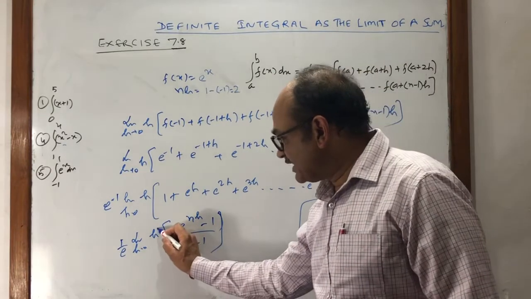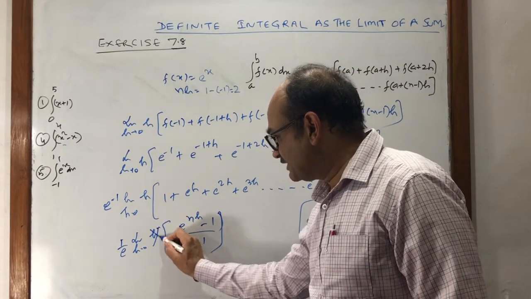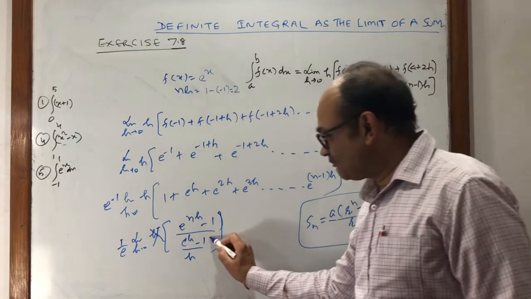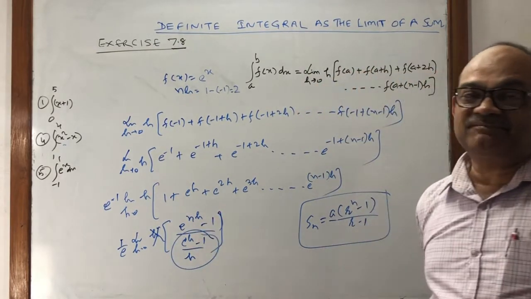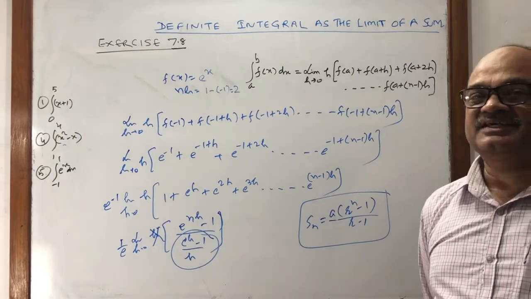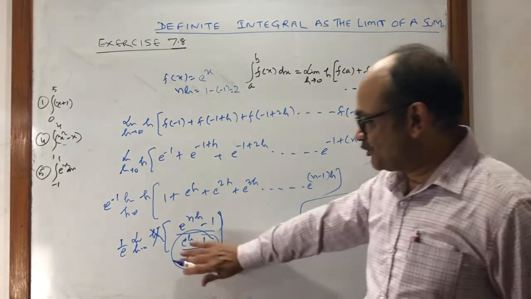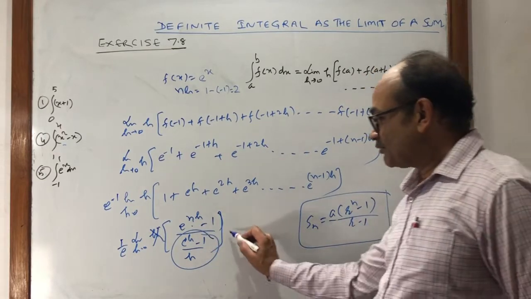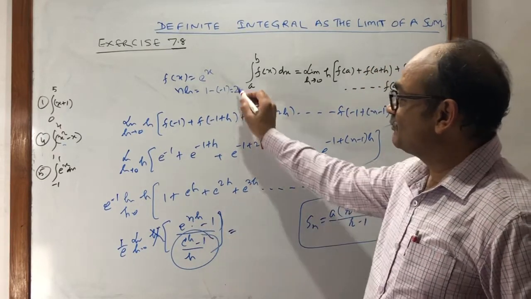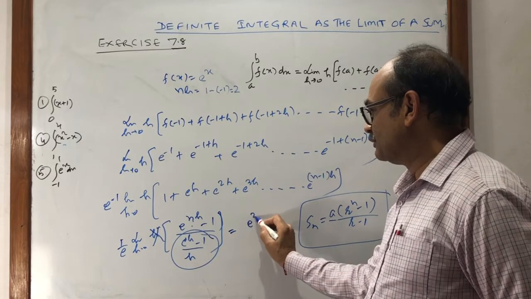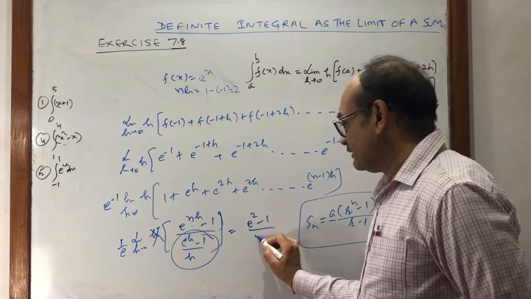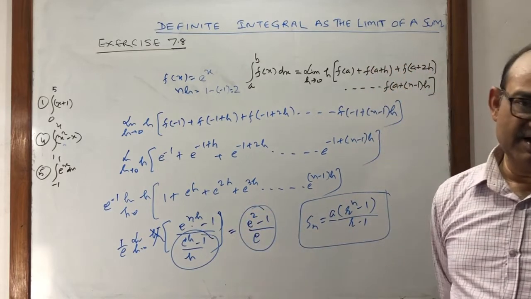If we shift this h to this side, the limit formula (e^h minus 1) divided by h, when limit h tends to 0, is nothing but 1. So this quantity is nothing but 1. And what about the upper quantity? Upper quantity is e to power nh minus 1, but nh is already with us, 2. So e to power 2 minus 1 divided by e will be the final answer.